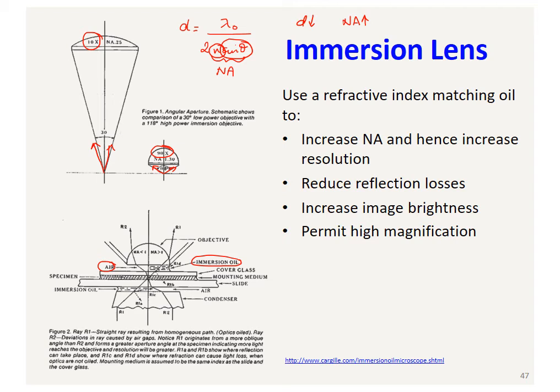This means that with a larger angle, you'll be able to resolve much closer together features. Advantages of including this immersion oil also include the fact that you're going to reduce bouncing backwards and forwards, reflection of light, and you will increase the throughput and get a brighter image.